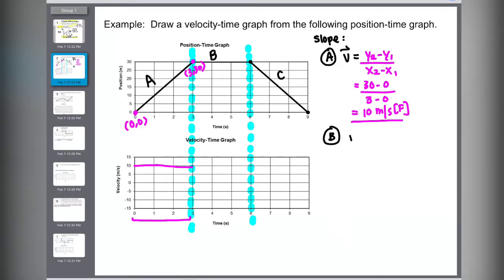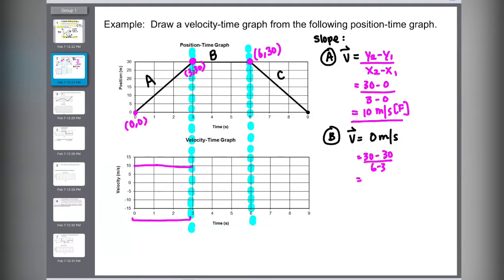Let's do part B. What's the slope for part B? What's the slope for a horizontal line? Yep, 0. If you want to do the calculations, you're totally welcome to. You're going to find 2 points. I'm going to use the same first point, and you can use this, so this is 6 and 30.